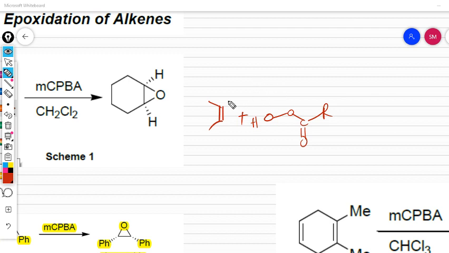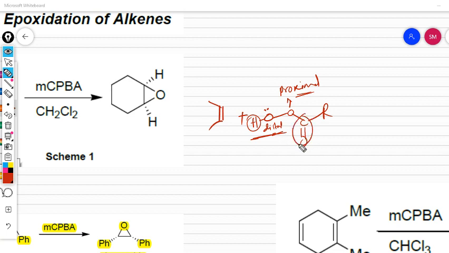This acid acts as a proton donor as well as a nucleophile. Because of the oxygens, this is called the distal oxygen, and this is called the proximal oxygen. Proximal means near, distal means far.